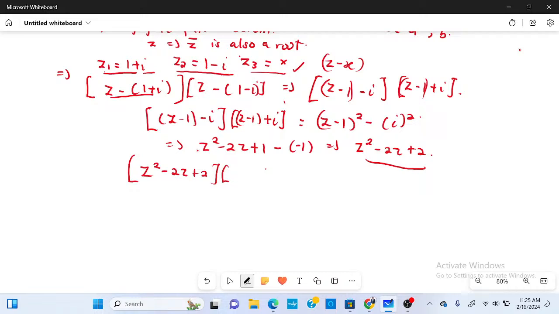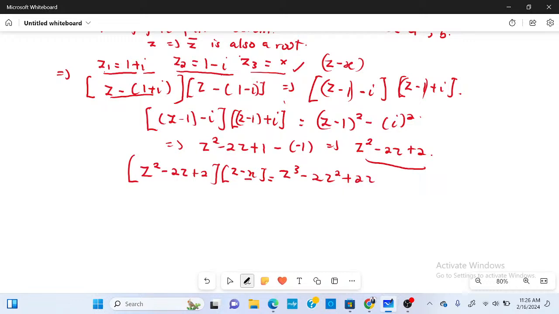So I multiply by z minus x, and at this point z squared times z is going to give me z cubed. z squared times negative x will give me negative xz squared. So let me multiply z by everything I have here. z times negative 2z will give me negative 2z squared, right? Then z times 2 will give me plus 2z.